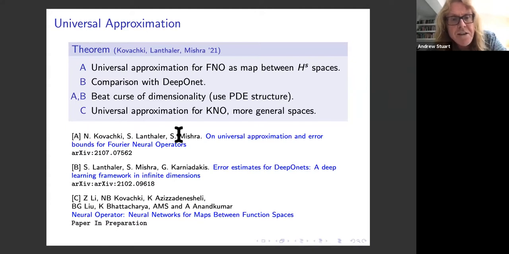One by Kovachki, Lanthaler, and Mishra, which looks at the universal approximation property of the Fourier neural operator. There's another competing methodology known as DeepONets, and Samuel, Sid, and George Karniadakis, George being one of the originators of this method, have also proved universal approximation results for this operator approximator. And Nikola Kovachki, in a paper that will soon appear, has further analysis of this general methodology beyond the Fourier case and into more general kernels of the type that I showed you a few moments ago.